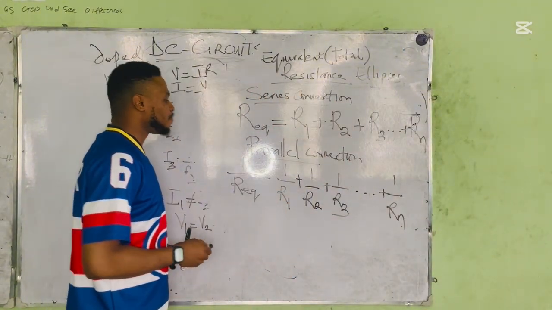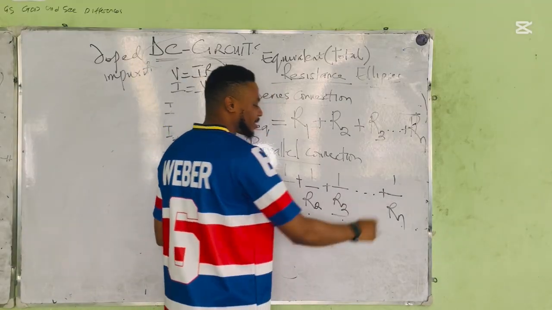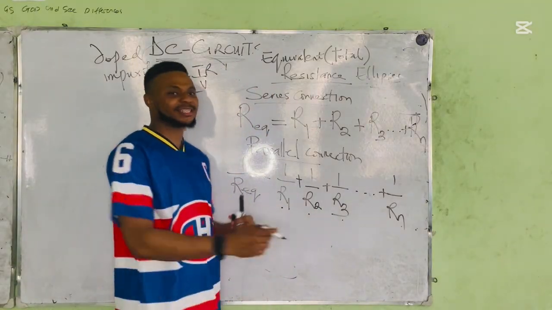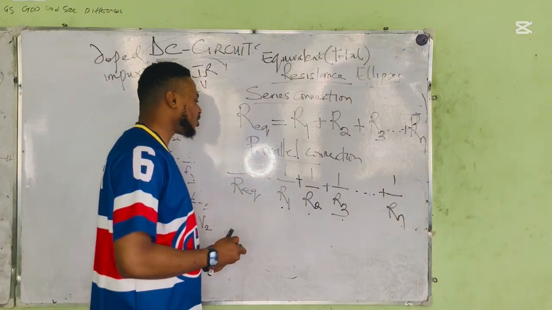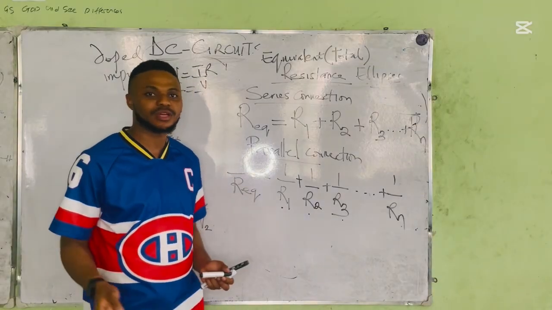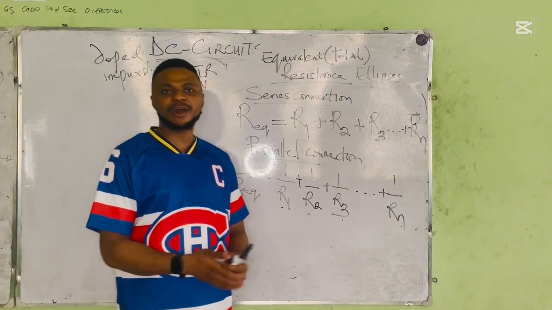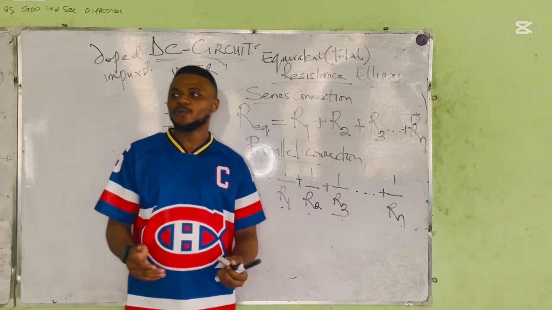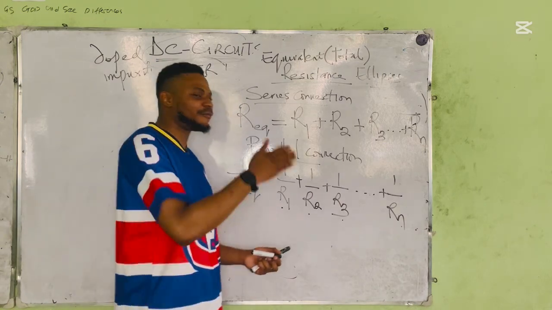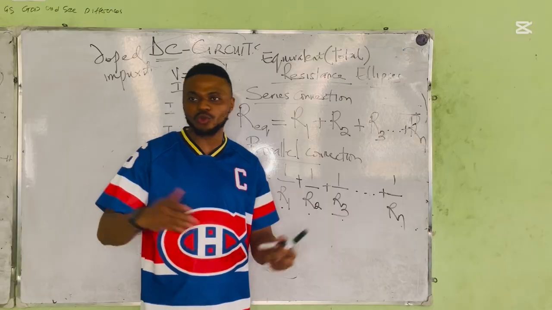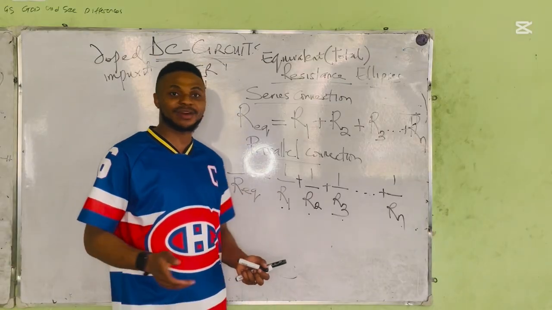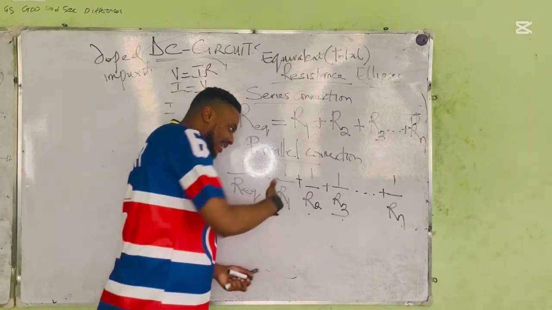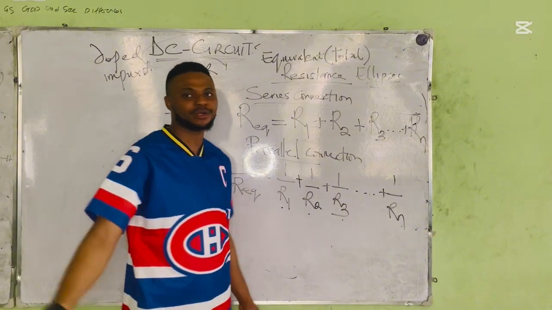Now, the mistake a lot of students make is that by the time they have added these, they'll just say that's the answer. For instance, you have R1 to be 5 ohms, R2 to be 3 ohms, R3 to be 1 ohm. When you've added 1 over 5 plus 1 over 3 plus 1 over 2, or whatever the resistance is, you just add like this and you write your answer. Wrong.